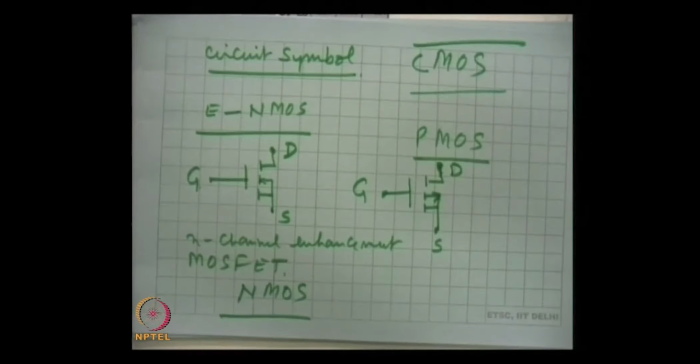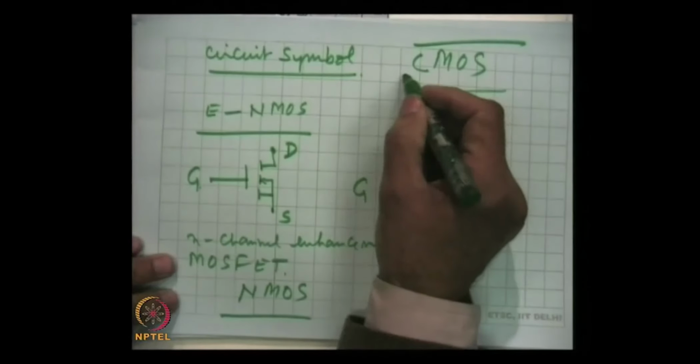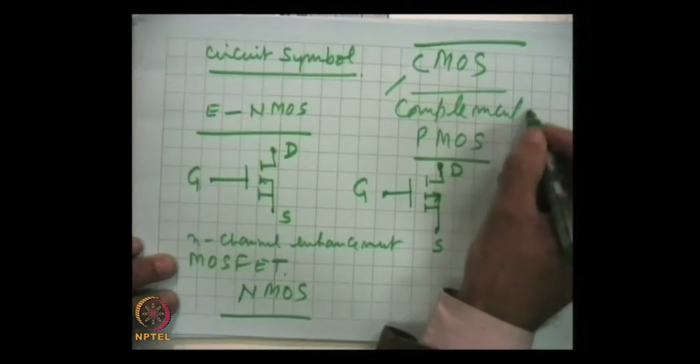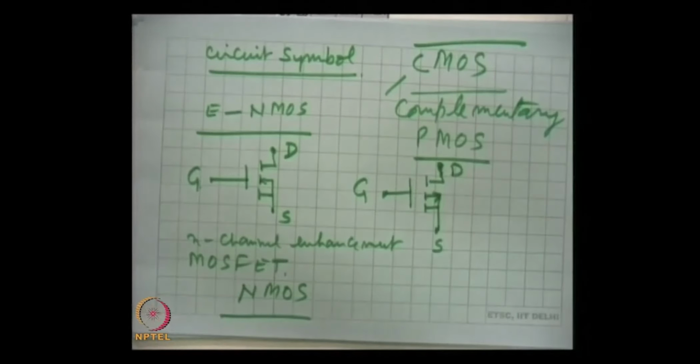C stands for complementary. So, in the CMOS, on the chip, the NMOS and PMOS are simultaneously present. The combination of NMOS and PMOS makes what we call CMOS, the complementary MOS device.